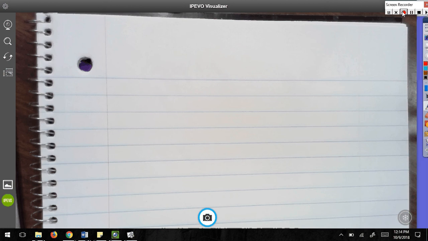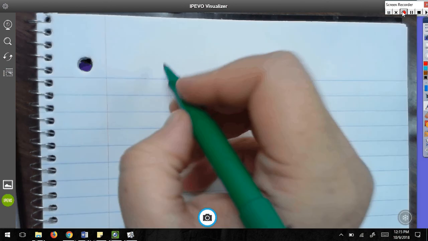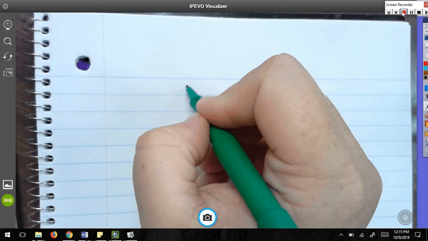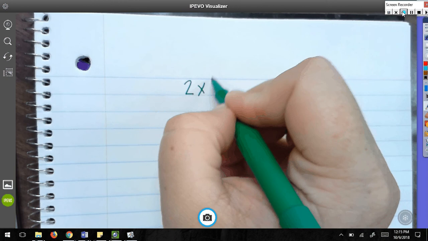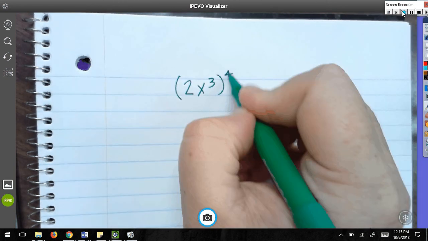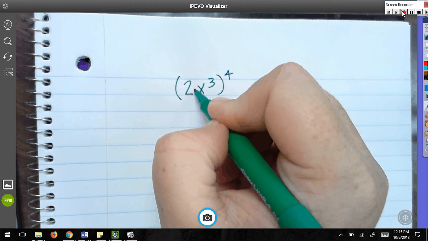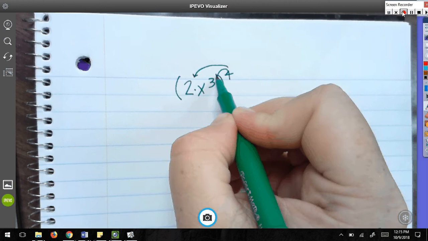Now kind of piggybacking on that same property, if I had, let's say, 2x to the third raised to the fourth power, I'm still multiplying in here, so this exponent is still going to distribute to both of these pieces.